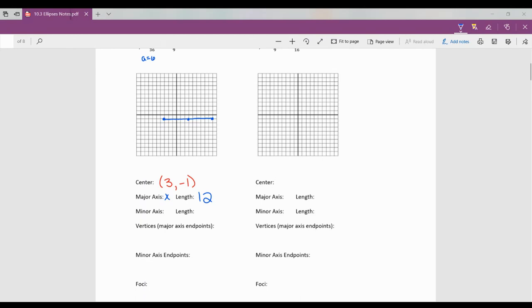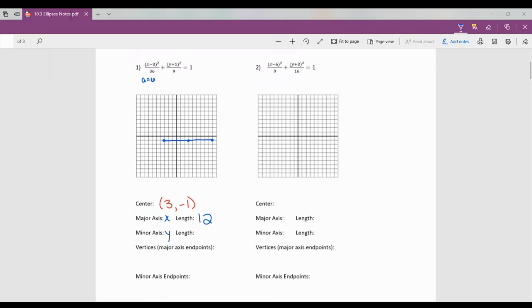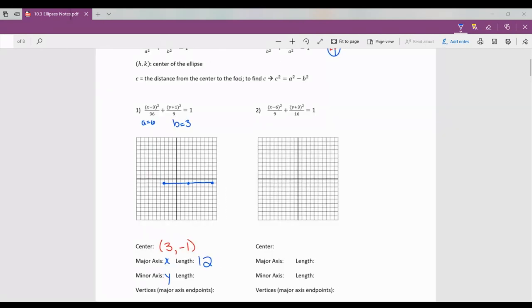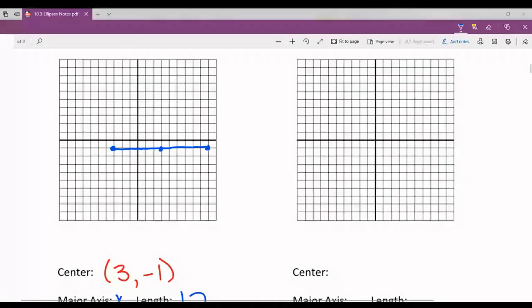Now my minor axis is my y, and B squared is 9, so I take the square root, so my B is 3. Since my minor axis is the y, I'm going to count up from my center 3 units, and down from my center 3 units.